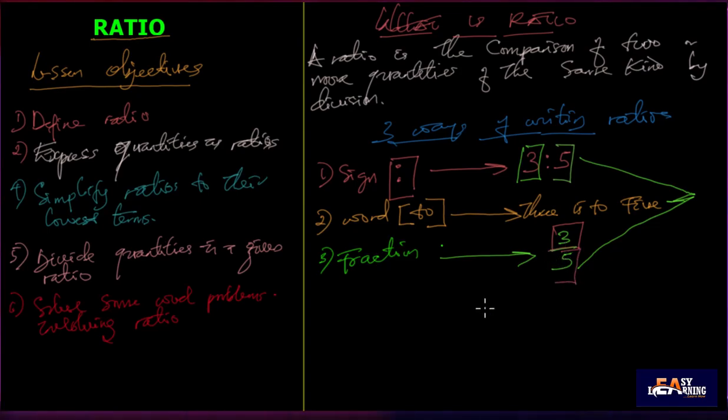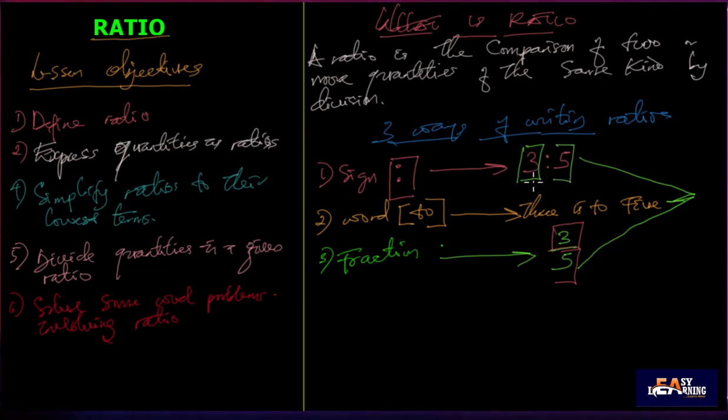So the first term given will be the numerator, the last term will be the denominator when they are in two forms like this. And sometimes ratios can even be in 3 parts.